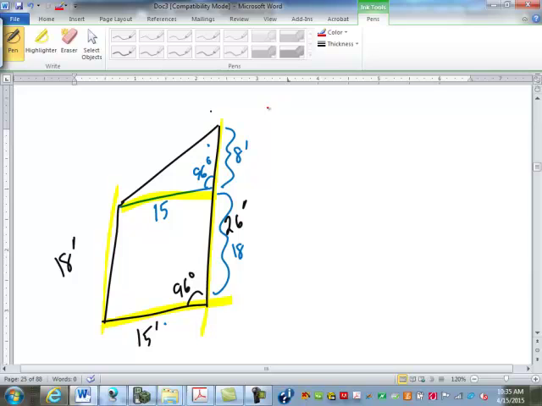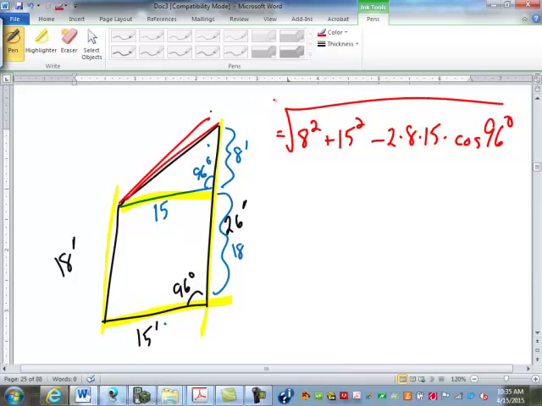Can I find the other sides? Mainly the only side I really need is this one, right? What am I going to do? So we go 8 squared plus 15 squared minus 2 times 8 times 15 times the cosine of 96 degrees.